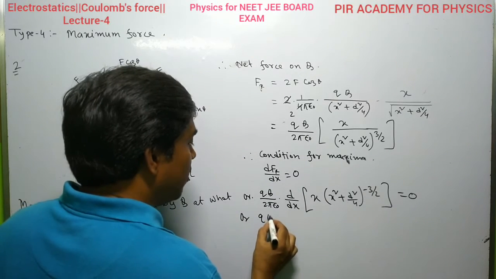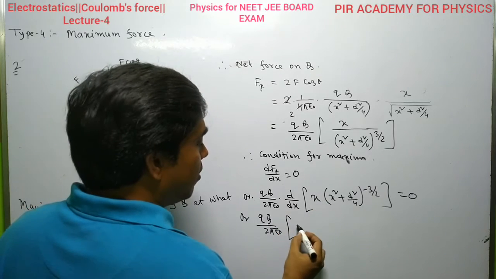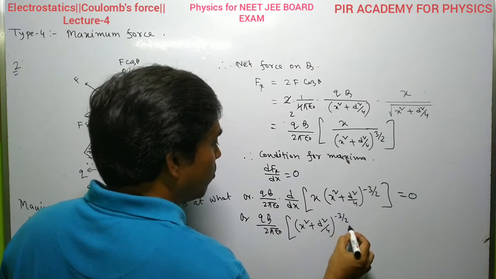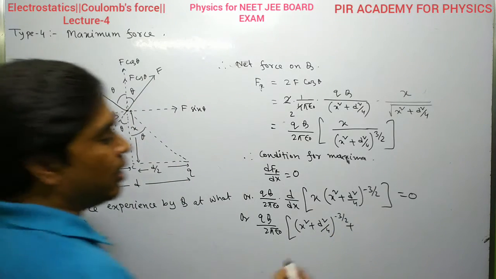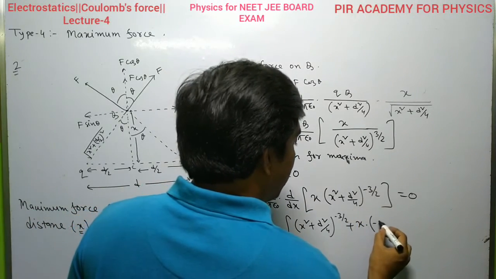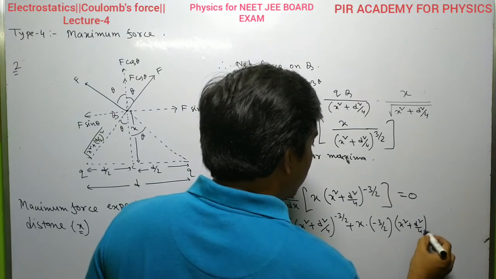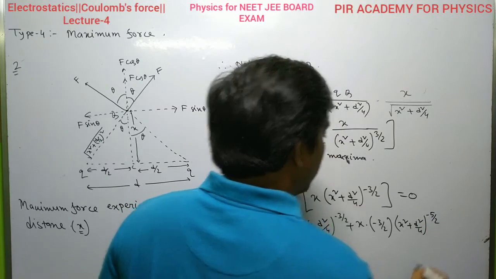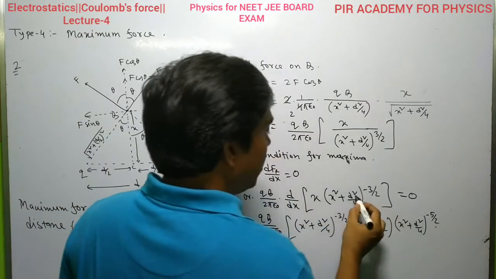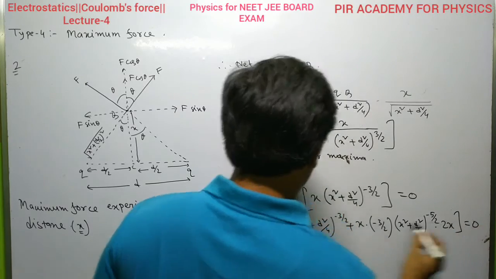If you differentiate, it will be (x square plus d square by 4) to the power minus 3 by 2, plus x times minus 3 by 2 into (x square plus d square by 4) to the power minus 5 by 2 into 2x, equals 0.